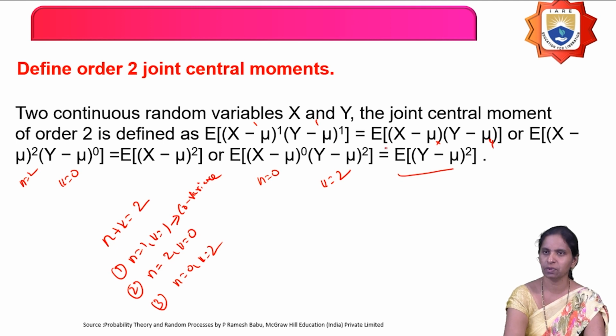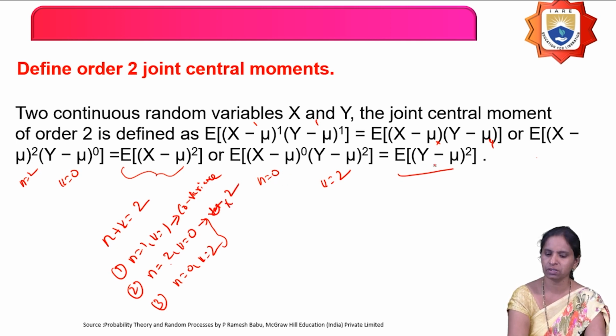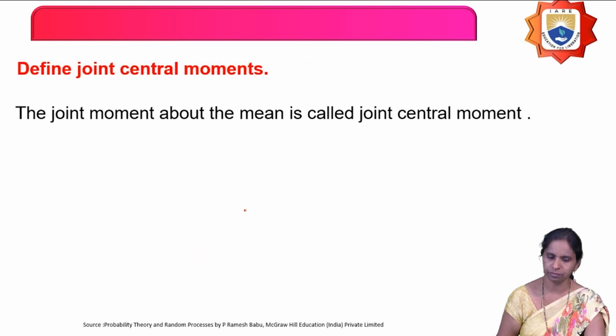If n equals 2 and k equals 0, it is nothing but the variance of the random variable x, sigma x square. And if n equals 0 and k equals 2, it is the variance of the random variable y. So for the second order joint central moments, we obtain the covariance and the variance of the two random variables x and y.